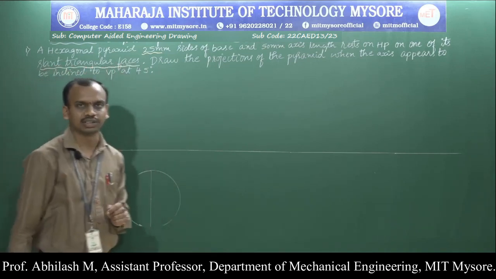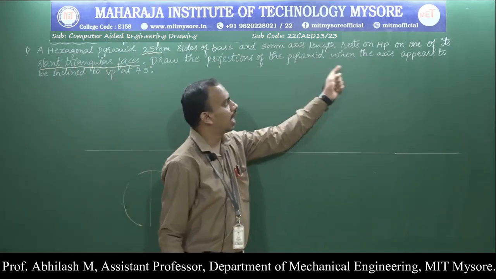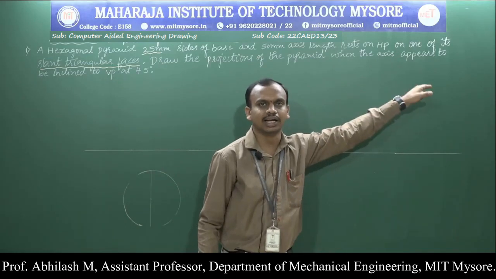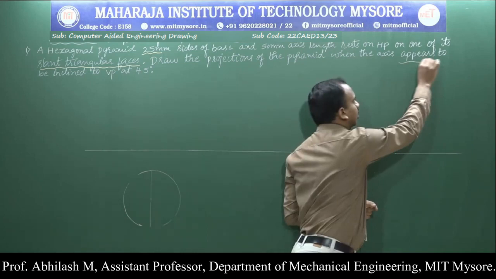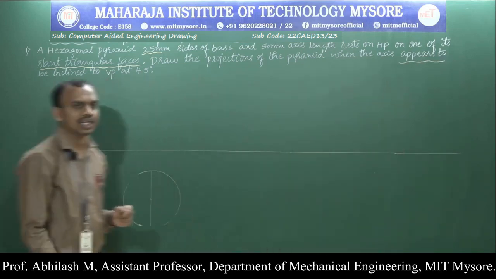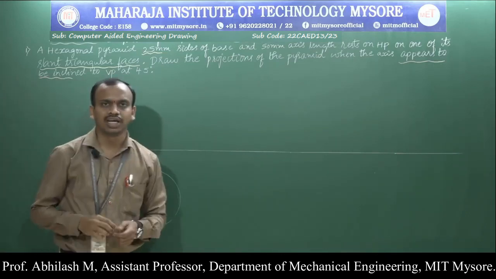We will see what that slant triangular face is. And the axis of the pyramid appears to be inclined, so here we need not calculate any beta angle. It appears to be inclined to VP at 45 degrees.